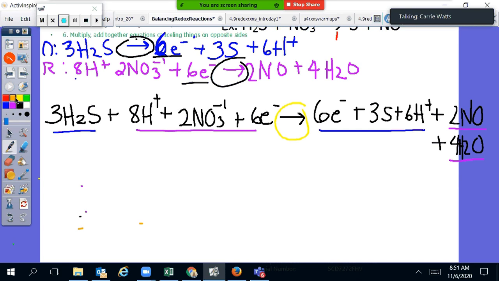First thing I'm going to cancel out is my electrons. Okay, and I also see a common thing with the 8 hydrogen and the 6 hydrogen. So we can cancel out the 6 over here, leaving 2 hydrogen over here.